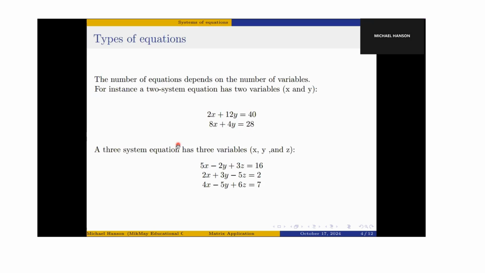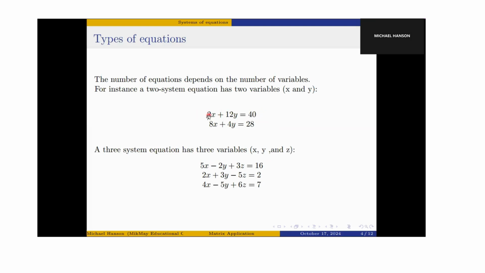Now, let's dive into systems of equations. We all know from studies that you could either have a two-system of equations, which is shown up here, or you could also have a three-system of equations. The system of equations depends on the number of variables in that equation.